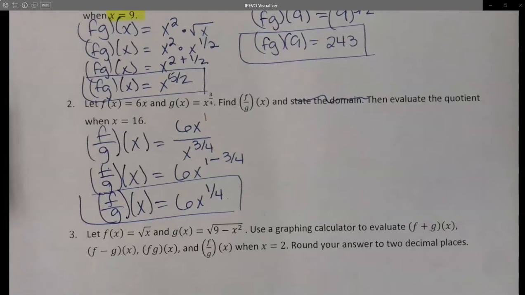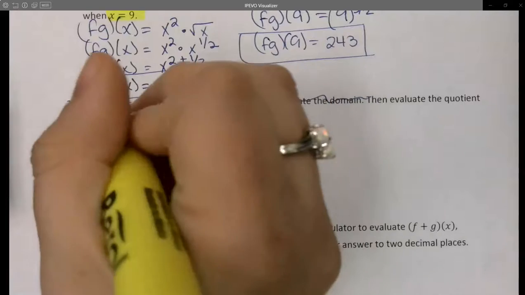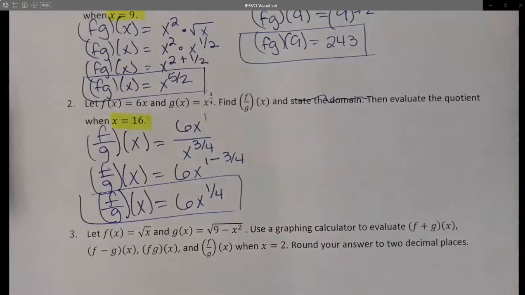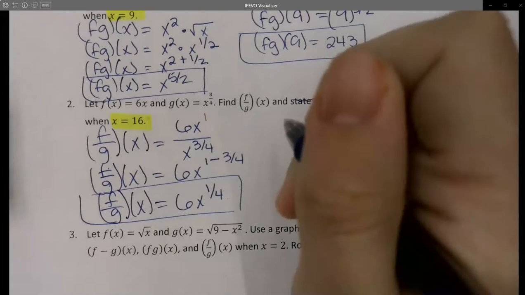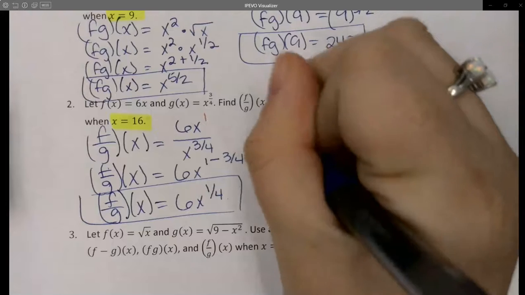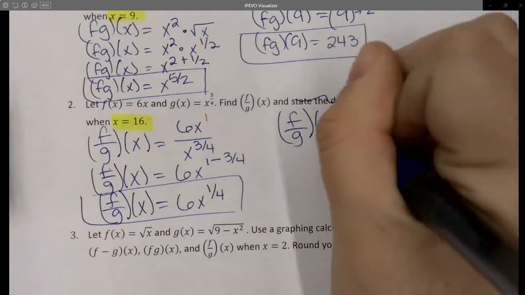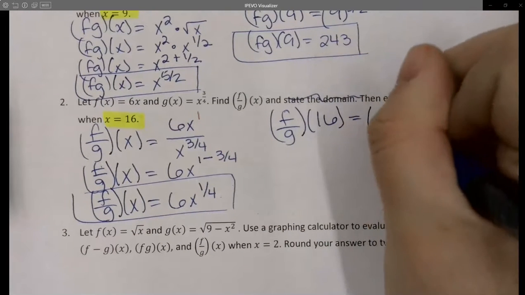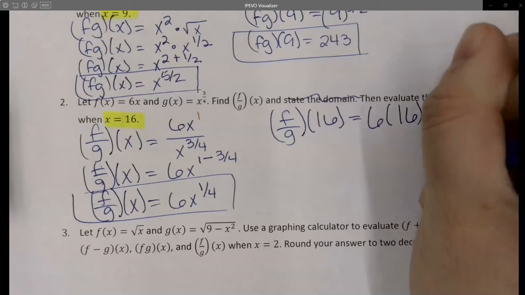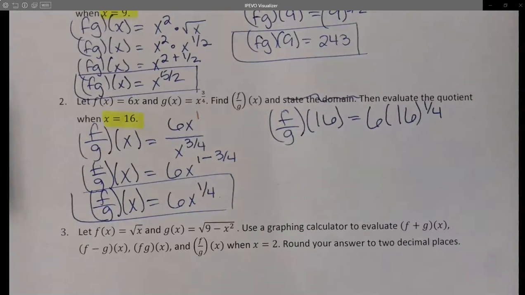Then this one wants me to evaluate for when x equals 16. So I want to go ahead and plug in 16 for all of my x's. Then I want to go type this into Desmos.